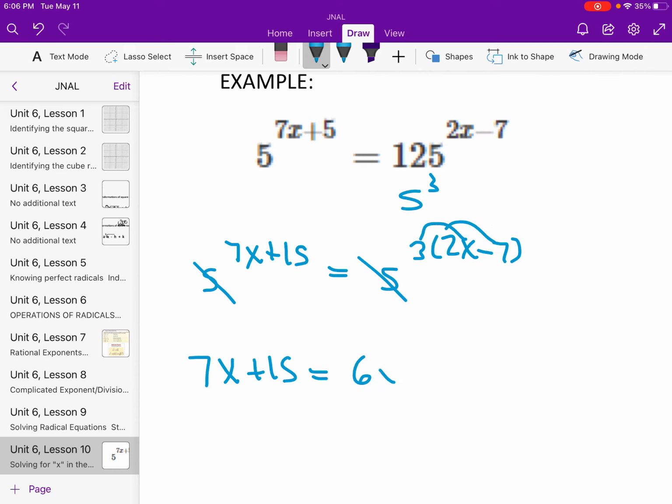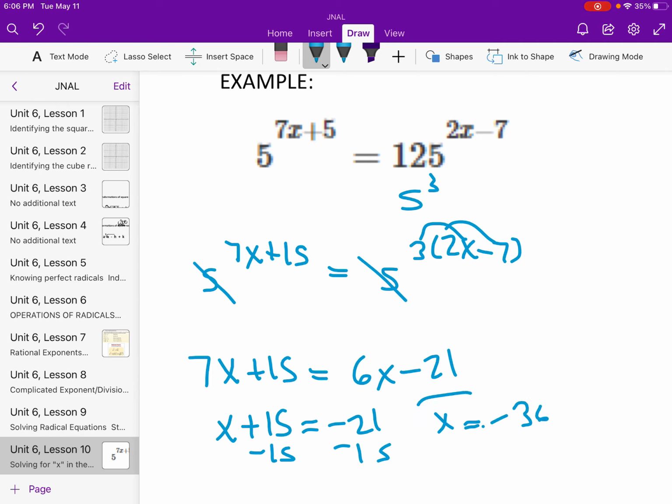Distribute that, we get 6x minus 21. Then you get x plus 16 equals negative 21. And then you have minus 15. Then you have x equals negative 36. That would be our answer for that.